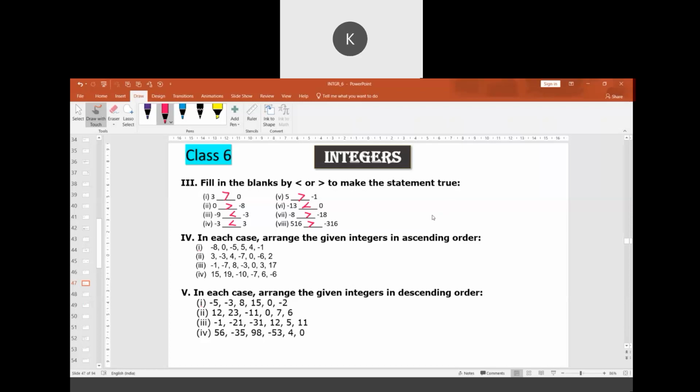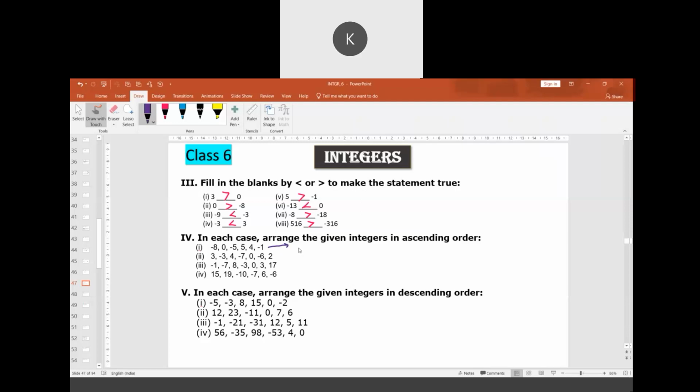Now I'll be asking individually. You can tell the answer for the first one. I'll ask this time Prithvi. Sir, first -8.